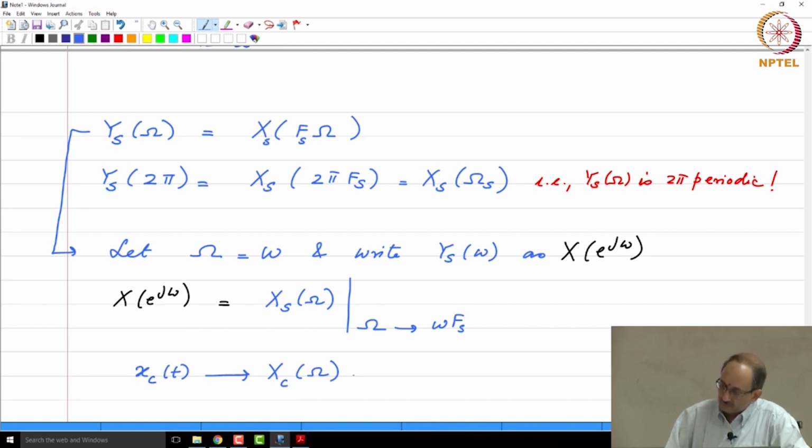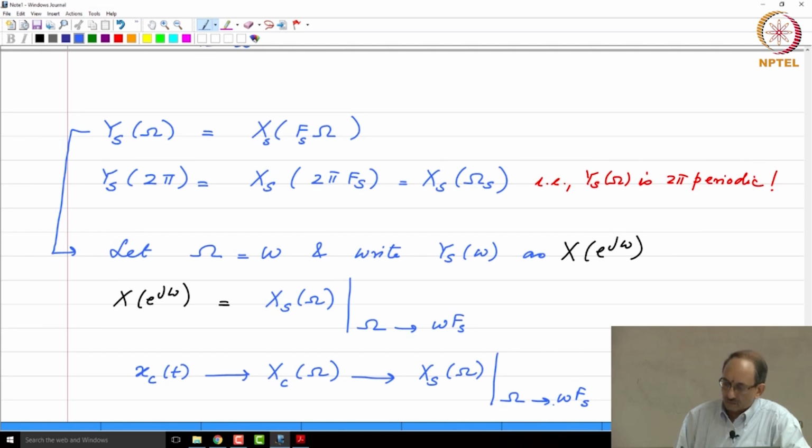Then we will form Xs of omega. So, two things will happen when you go from Xc of omega to Xs of omega. First thing is periodic repetition with period omega s. The second thing is amplitude scaling.